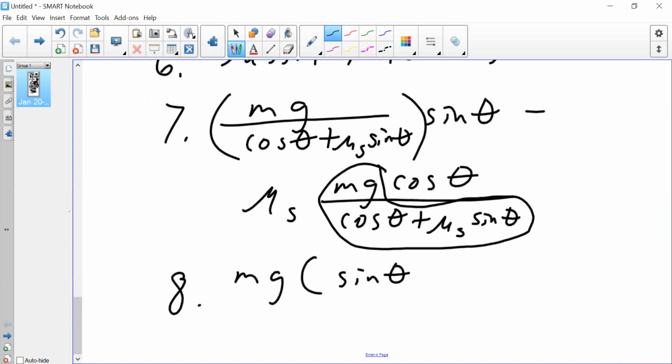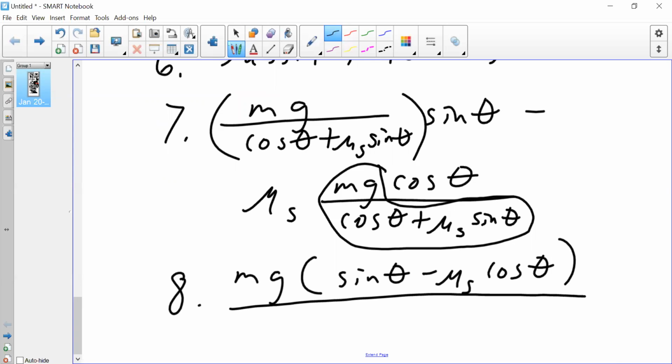Sine theta minus mu s cosine theta, because that's all mg sine theta minus mu s mg cosine theta. Factor out the mg, and I get this divided by cosine theta plus mu s sine theta equals mv squared over r.